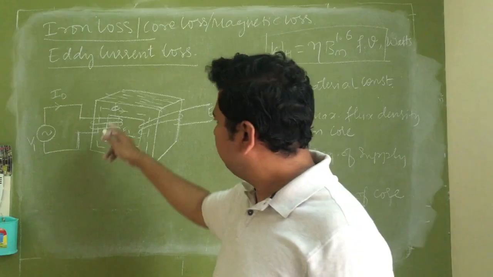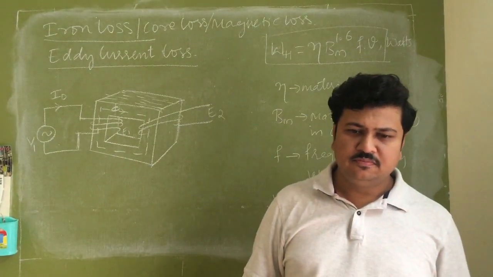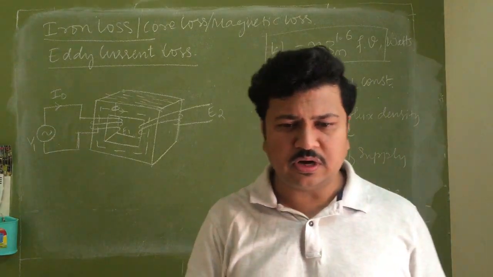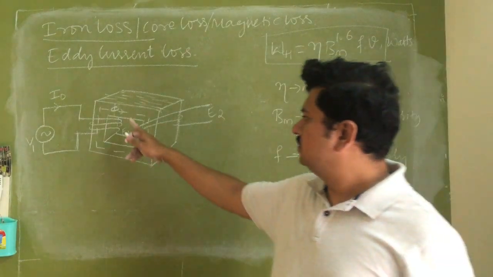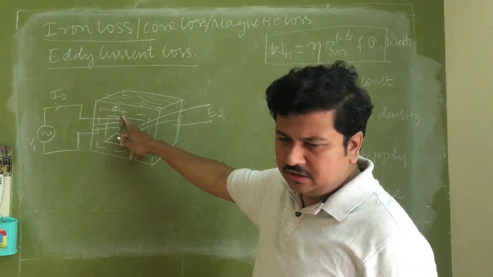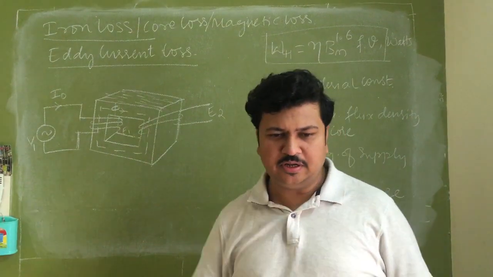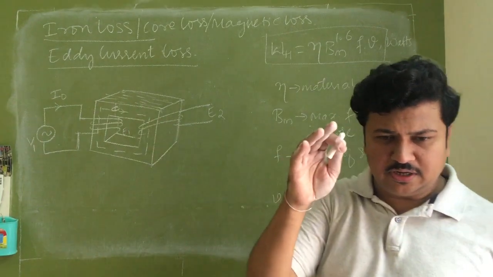Now the same flux phi which is existing in the core is also linking the core and changing. This flux phi is linking the secondary winding because the nature of flux is changing and EMF is induced in the secondary winding. Now look at the core. The core is also a conducting material.